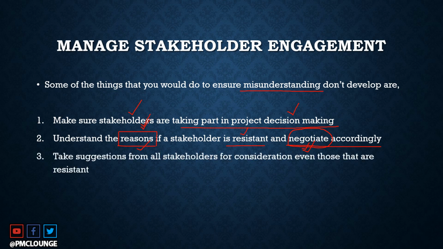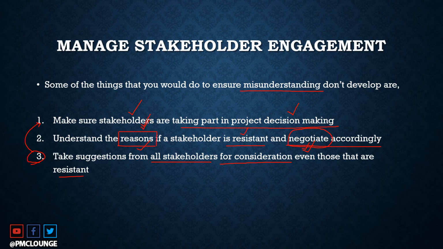Finally, take suggestions from all stakeholders for consideration, even those that are resistant. Now, this point is actually an extension to point number one, where we said that all stakeholders should participate in project decision making. Similarly, you need to take suggestions of all stakeholders for consideration, even those that are resistant.